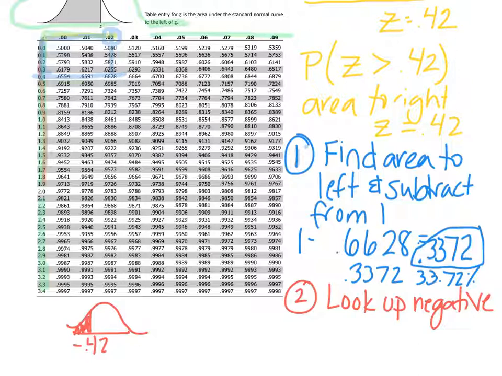We are going to look up negative 0.4, which is all the way down here. This side is made up kind of opposite. It doesn't go in the same way as the other side, as you would think. And then we're going to go over to our 2, so 0.3372. If we go back over here, that's the same exact answer we got a moment ago, and it confirms that either way is acceptable to find area to the right.